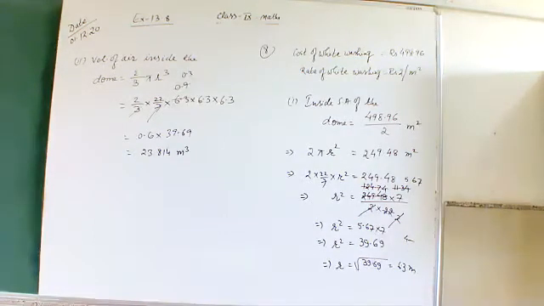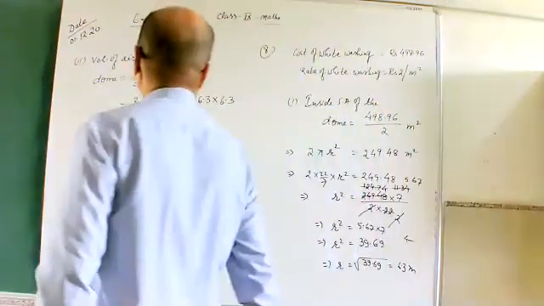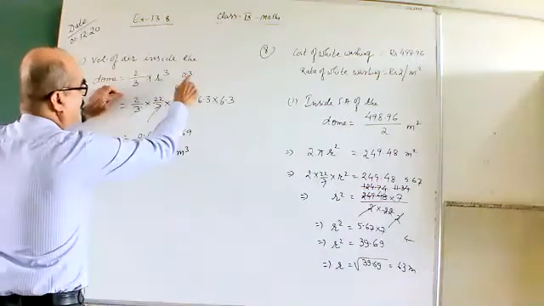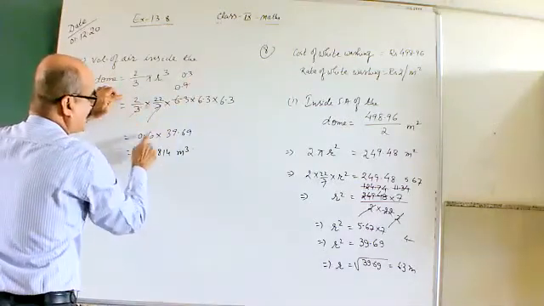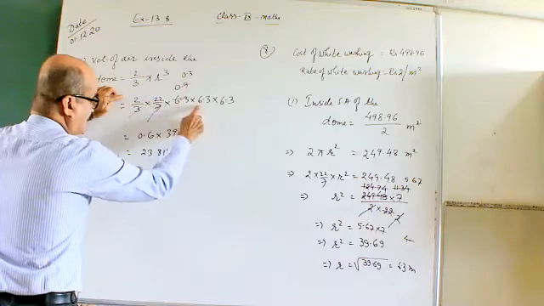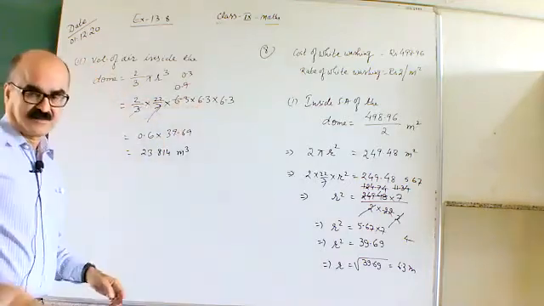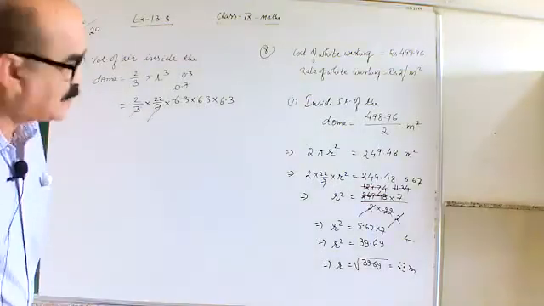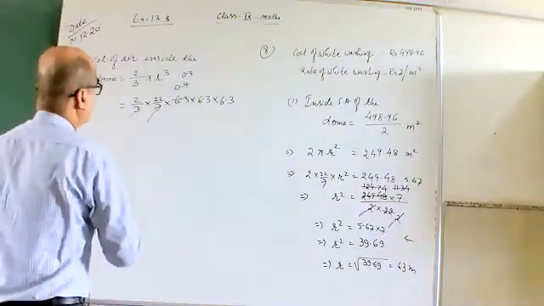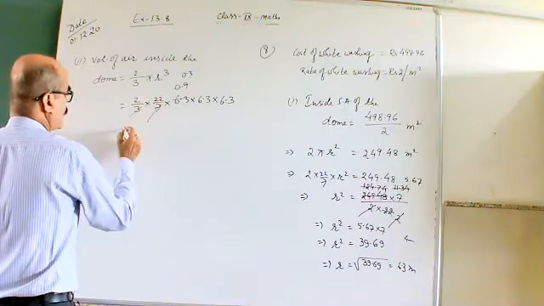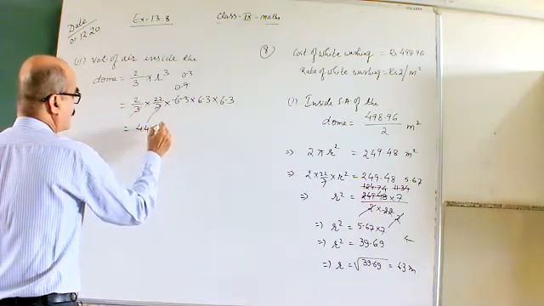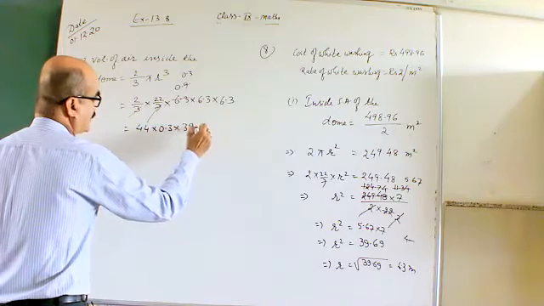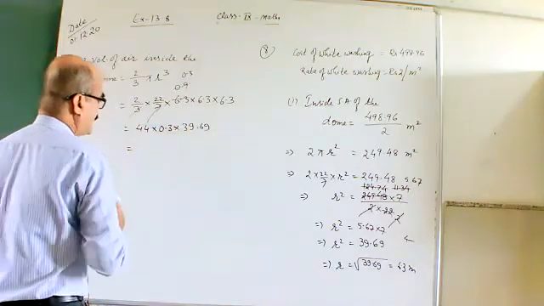Okay, and one thing we missed, we have to multiply by 22, it is missing. 0.3 into 2 is 0.6, into 22, 6.3, 6.3, this we missed. That will be equal to 22 into 2 is 44. 44 into 0.3 into 39.69. Multiply this.